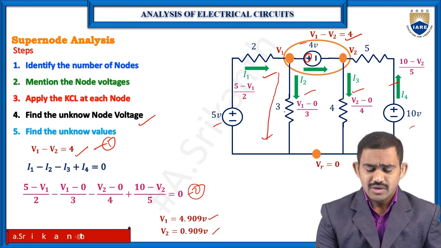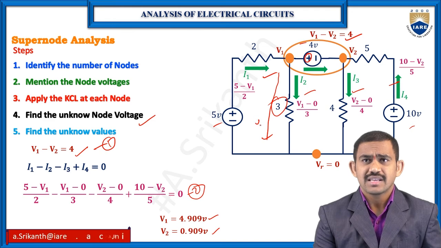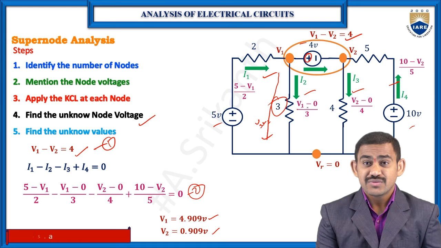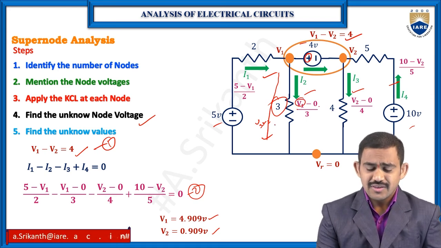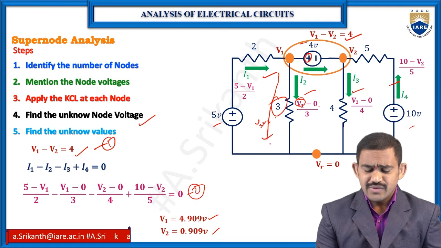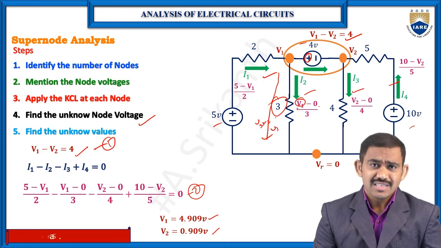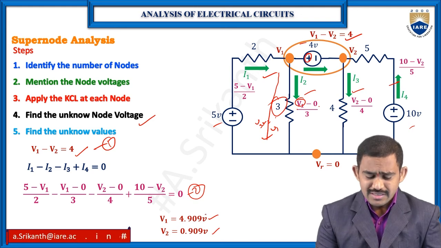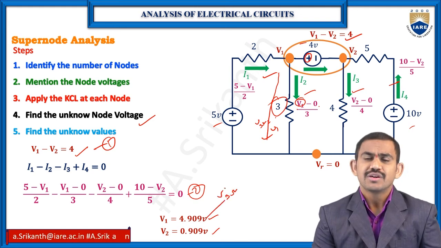V across 3 ohms is V1 minus VR. At 3 ohms we have only the V1 value, since VR is 0. So the voltage across 3 ohms is just the V1 value.